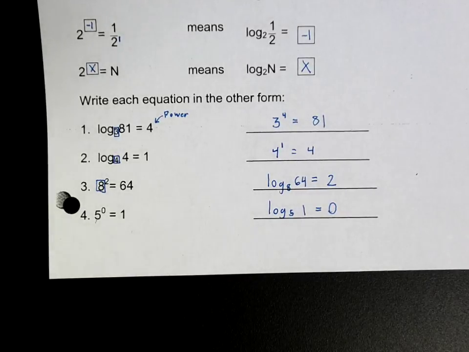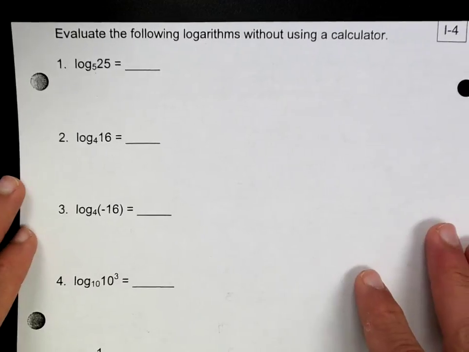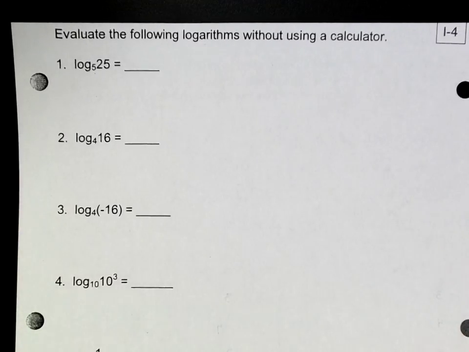So on the next few, they're asking you not to use a calculator to solve it. Obviously, they're assuming that you know a lot of your exponents, and some of you don't, some of you do. So I don't really mind if you use your calculator, like your iPhone calculator, for example.